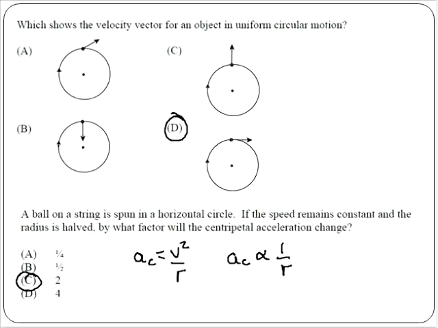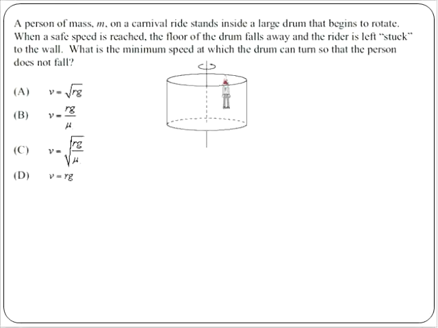If you tripled the velocity, it would increase by a factor of 3 squared, or 9. So watch for that too, because the V is squared. That's important. Let's try this one. This is a little bit tougher. This is what we call a level 3 question.